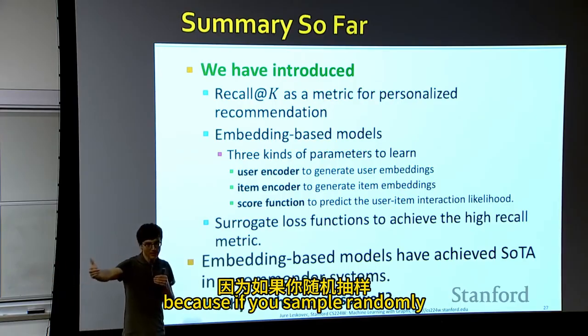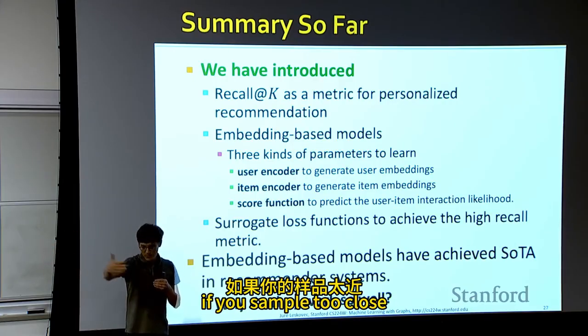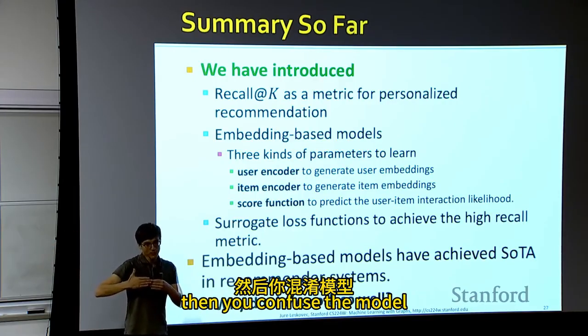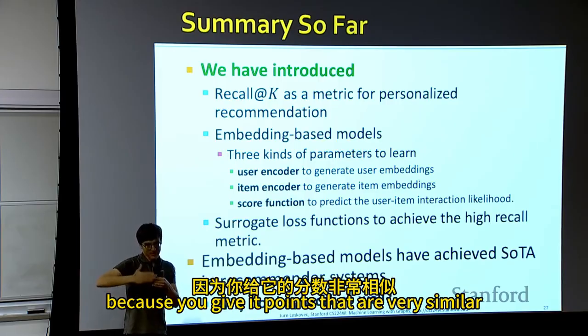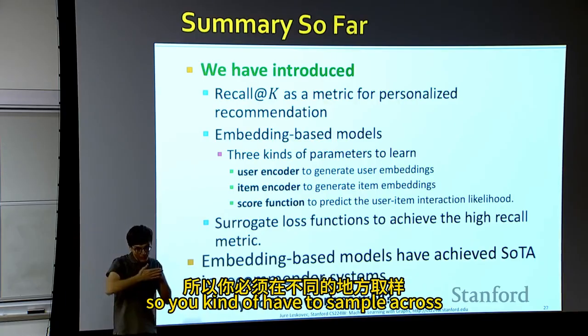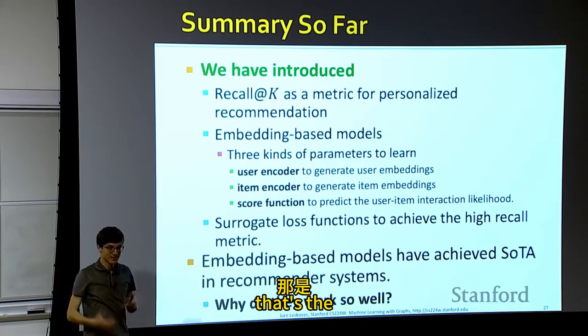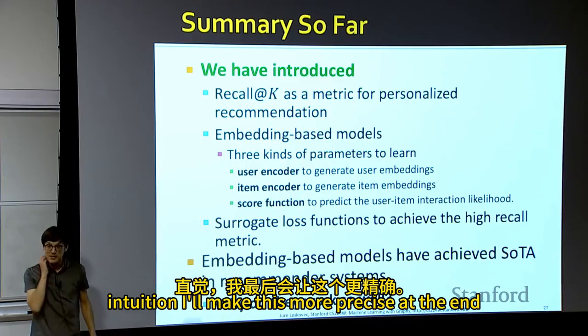Because if you sample randomly, you are sampling from far away, and it's easy. If you sample too close, then you confuse the model because you give it points that are very similar, but you don't tell it that all these other things are irrelevant. So you have to sample across the range of distances. That's the intuition. I'll make this more precise at the end.